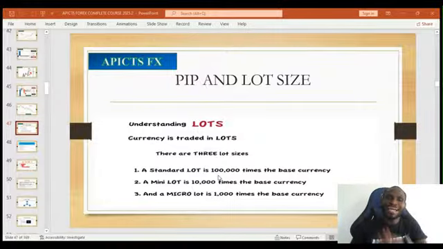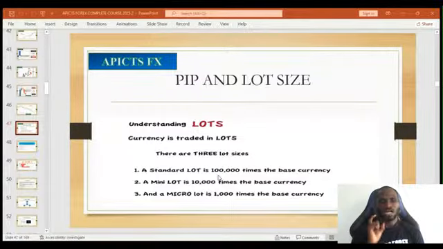So if I enter a trade and I am going long, I am bullish on that trade, I am buying, and the trade moves 20 pips in my favor. When the trade does that, if I am in that trade with standard lot, how much will be my profit?